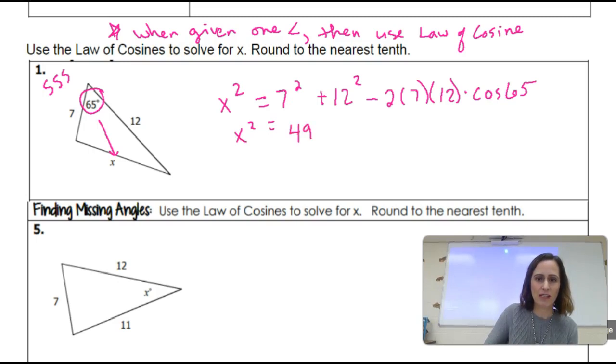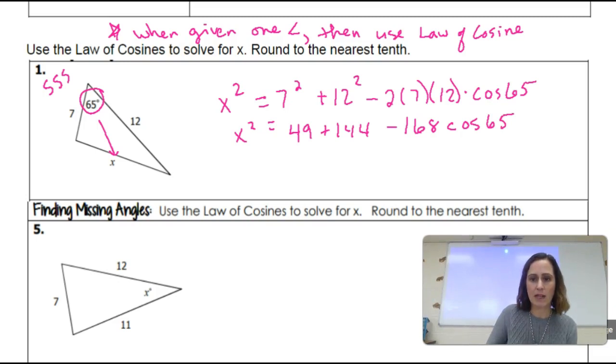So you have 49 plus 144 minus 168 times the cosine of 65. One thing I do want to note is this last piece right here is actually one value. So the negative 2ab times cosine of 65 should be one term.